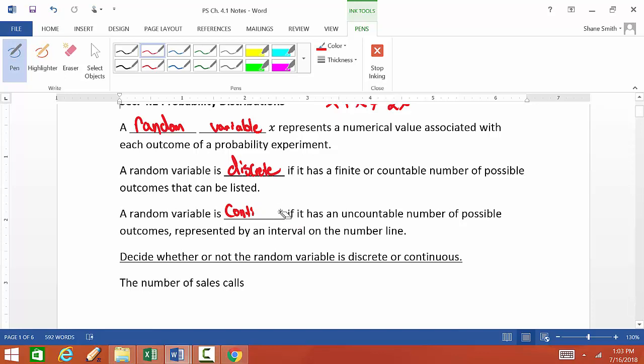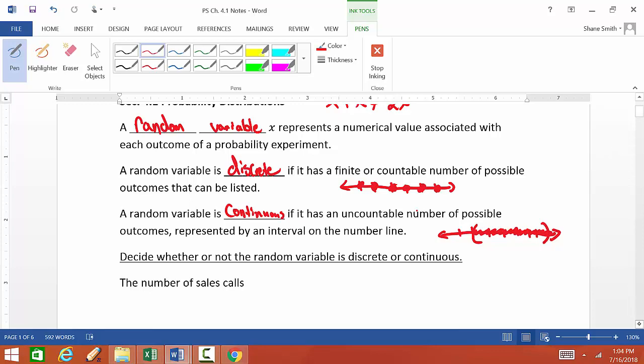For example, if you have a discrete random variable on a number line, you can count all of them. I can count the points on a number line. But a continuous random variable is a range of values on the number line, not just distinct points.